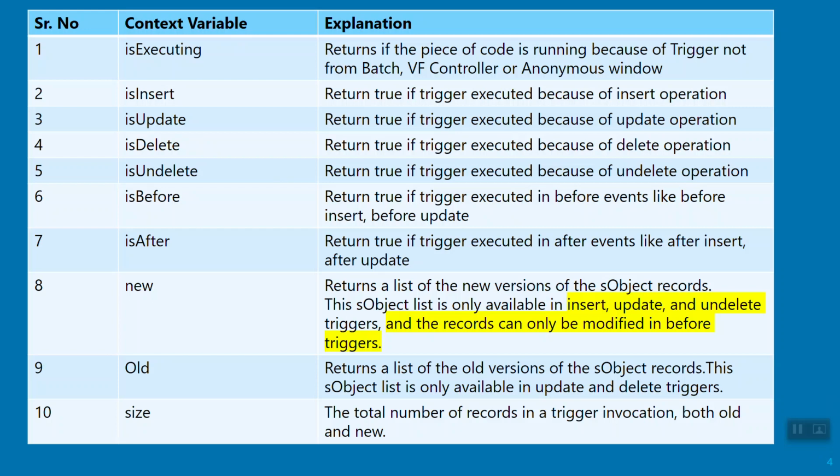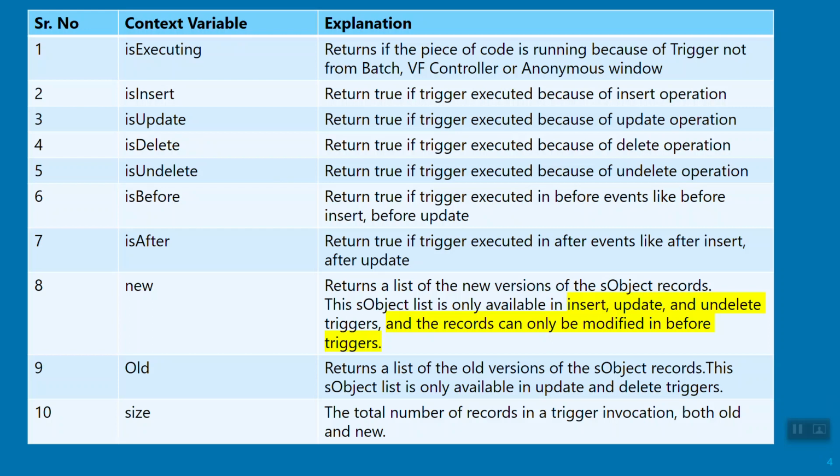So in trigger.old, for the name field we will get ABC, and in trigger.new for the name field we will get XYZ, and we will only get this context variable in case of update and delete operation.